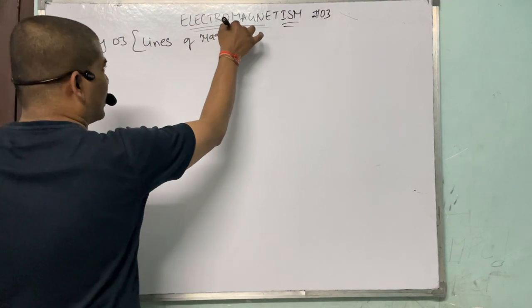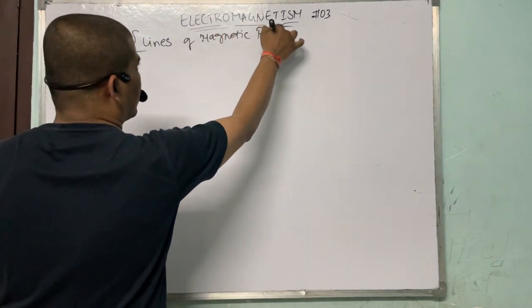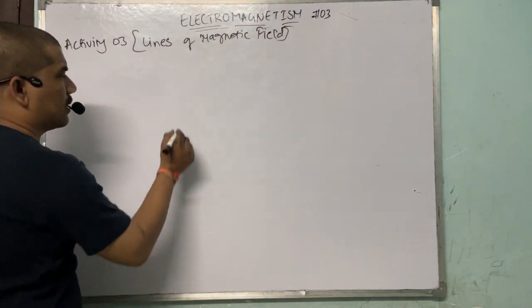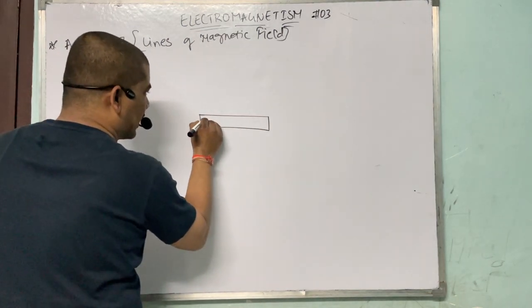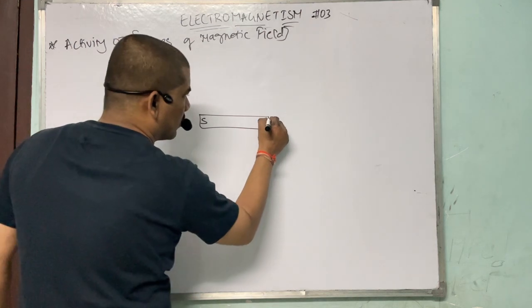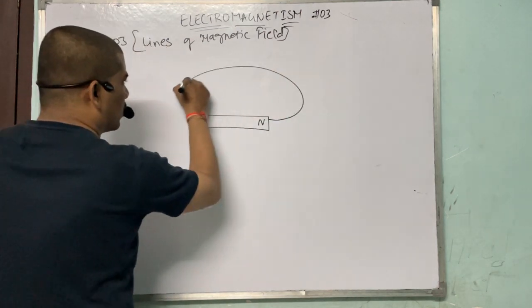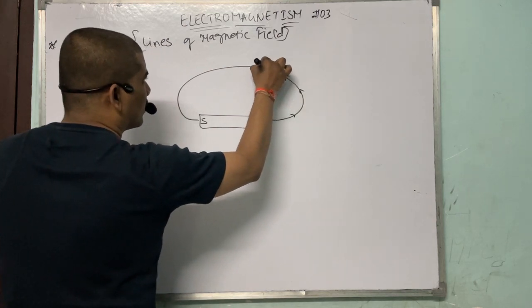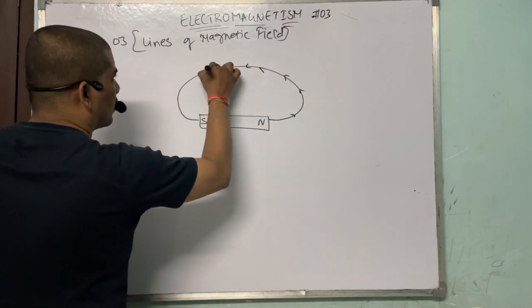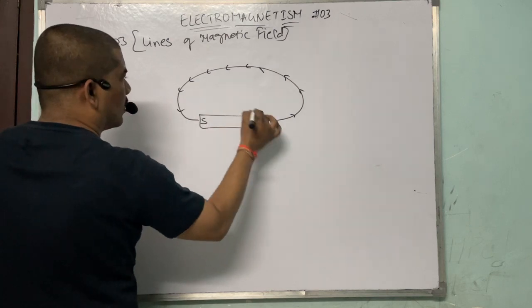Same thing that we have done till now, almost in the last video. We kept one magnet like this and we have drawn some lines. These are called magnetic lines.